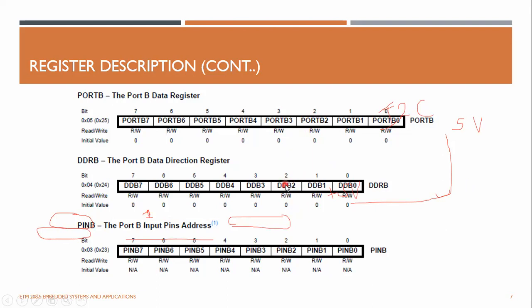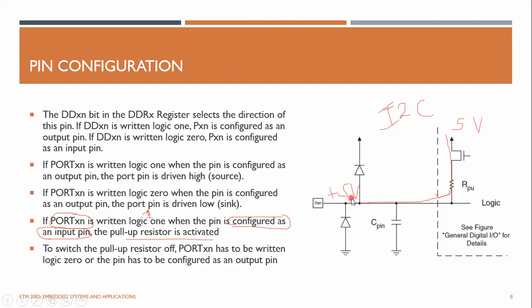First you go to this direction register and make it an input, write 0, and then you write digital 1 to RB2. Then this pull-up resistor will be activated. If you do so, when you use a multimeter and check the voltage of this pin, you will see it as 5 volt, right?